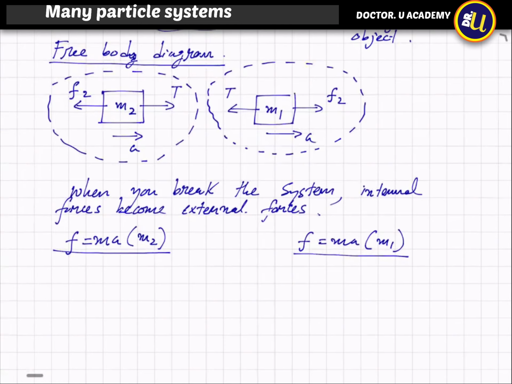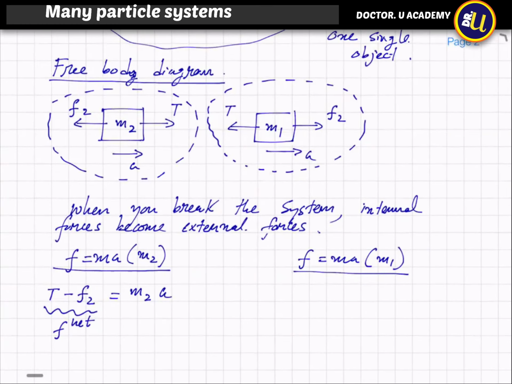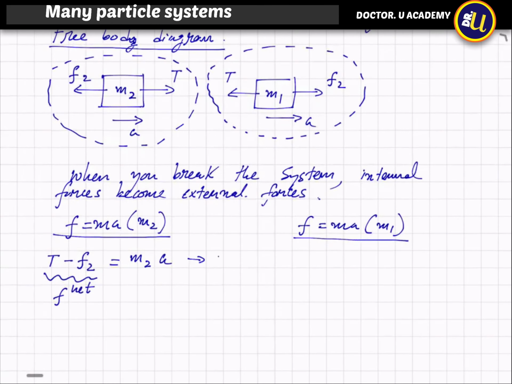So T minus F2 is your F net. Right? So T minus F2 is equal to M2A. The acceleration of M2 and M1 would be the same because they are moving with the same acceleration. So this is our first equation.